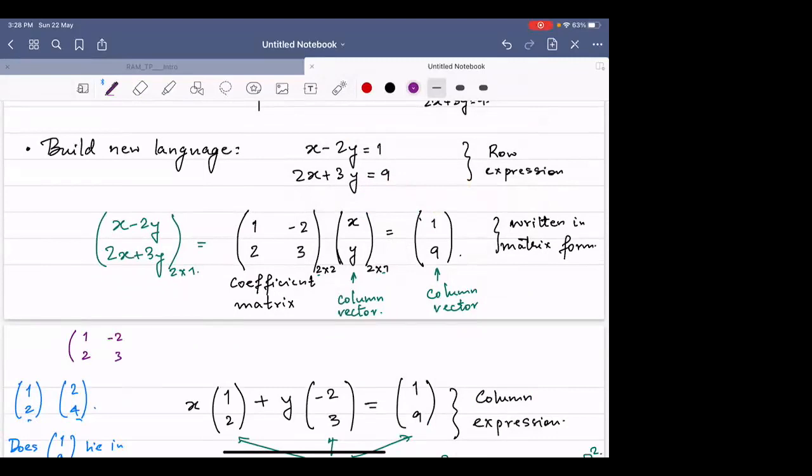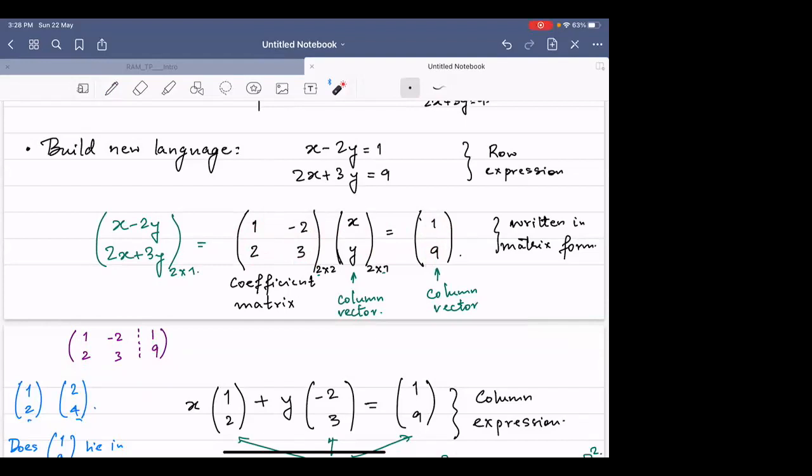And since I am interested in this particular vector 1, 9, I'm going to just put it here and call this the augmented matrix. I want a shorthand notation instead of writing all this every time, because I'm basically interested in dealing with these numbers. This is called the augmented matrix form. Augment means you just adjoin this here in the end.